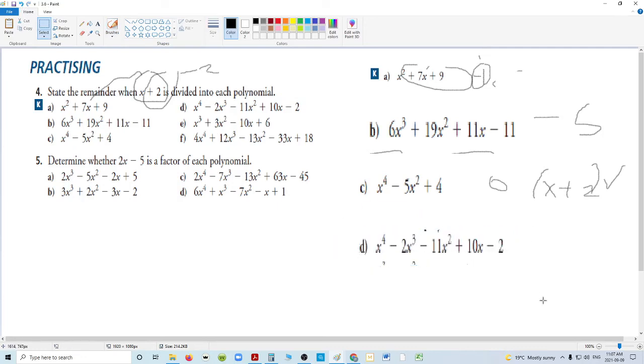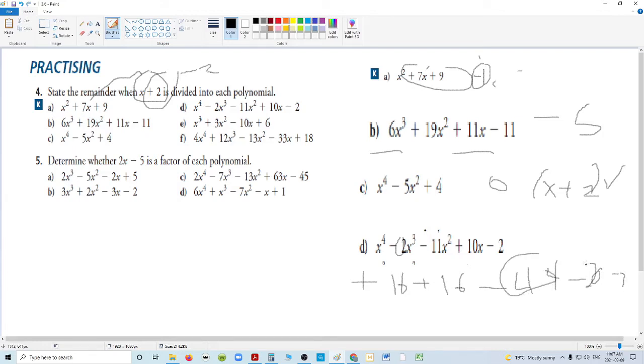Okay, plugging in minus 2 into here, I get positive 16 again. Positive, because it's a minus times a minus. Then I get minus 44, minus 20, minus 2.